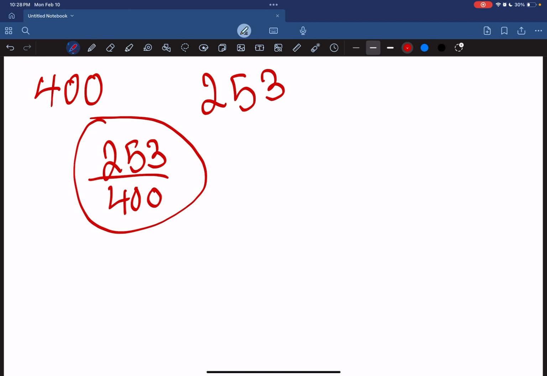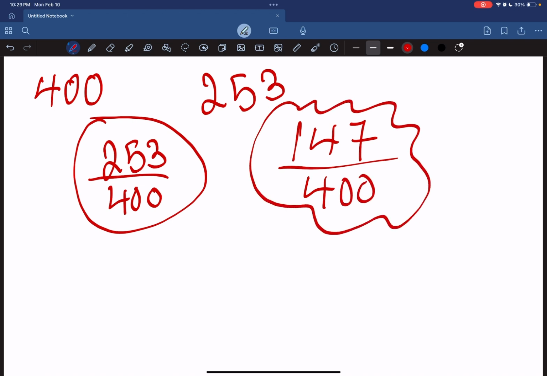If we want to speak about how much did not attend, we subtract the 253 from the 400, and that would give us 147, out of the 400. So this is how many seats were not occupied.